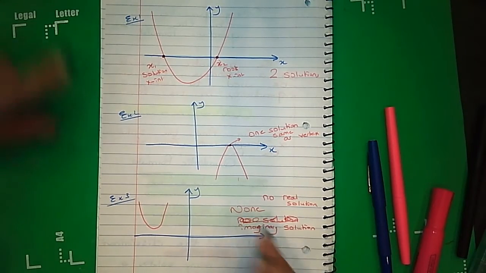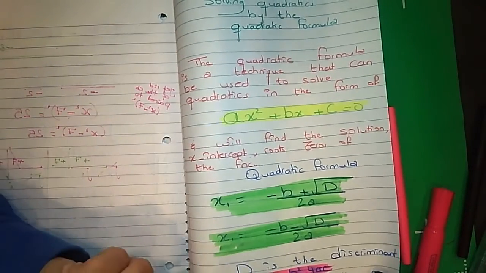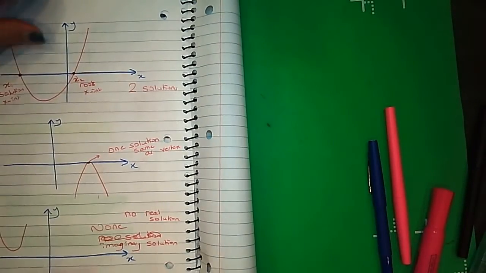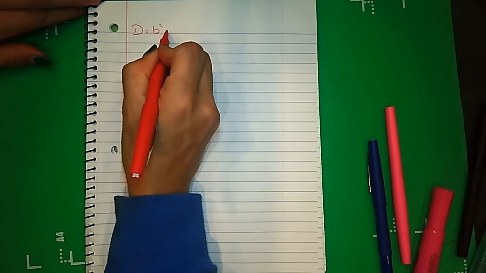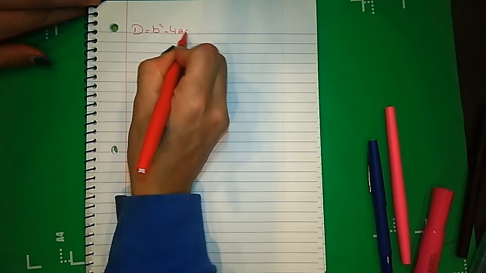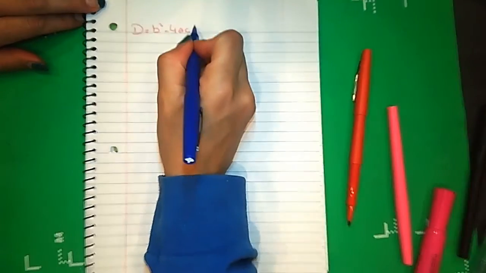Let's see how the discriminant, because we talked about the discriminant in here, will help me find how many solutions I have. So we all agreed that the discriminant is b squared minus 4ac. Right? That's your rule.